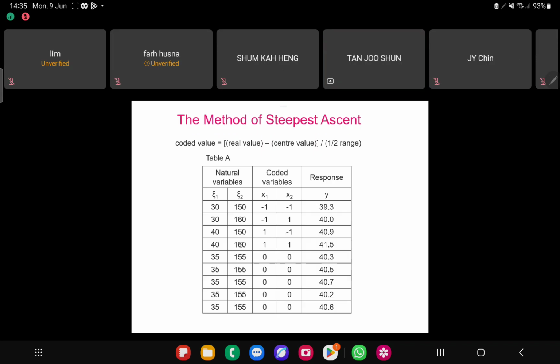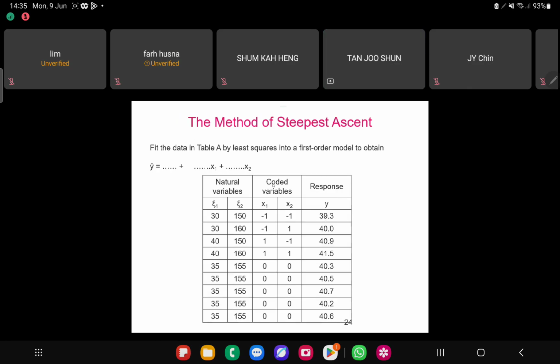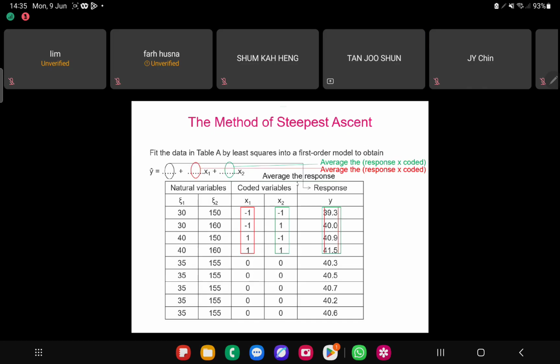Let's say the engineer has run the experiment and they get the sugar content. These are the sugar contents. Then they need to find the first order model here. How to find the first order model? This is very important, super important. Take note.